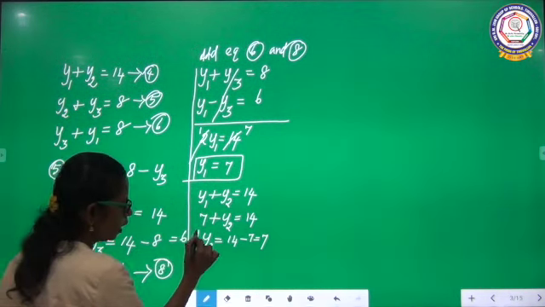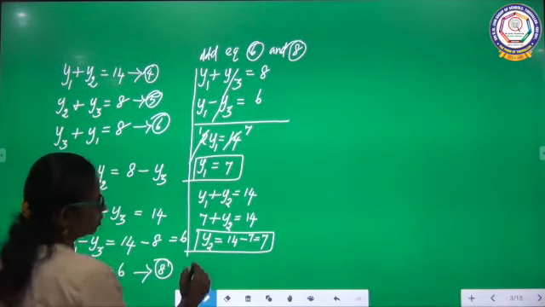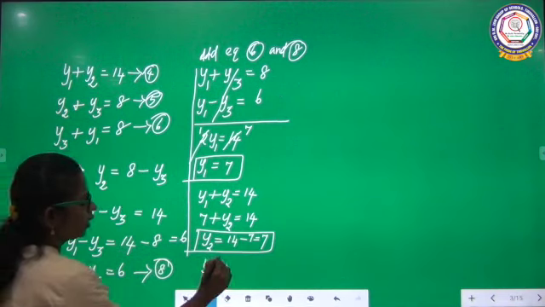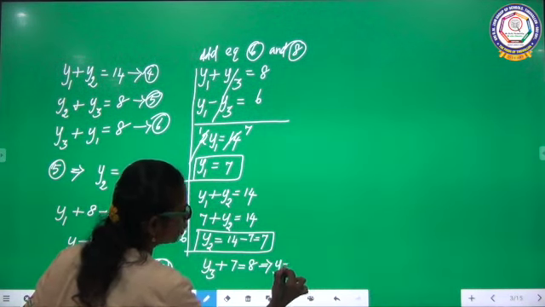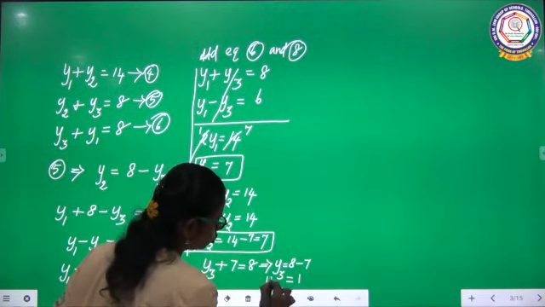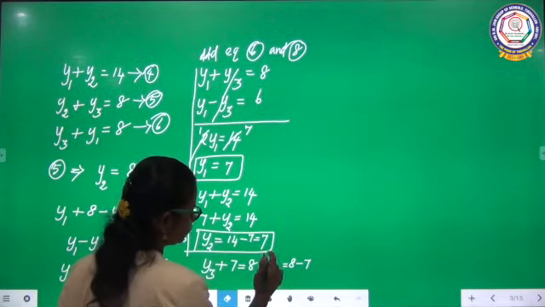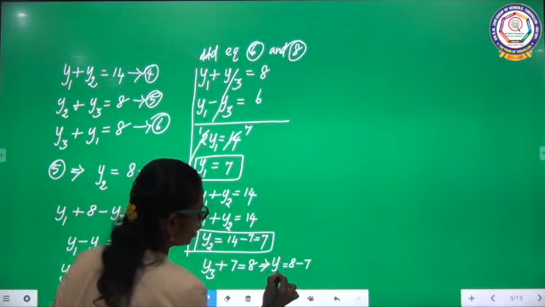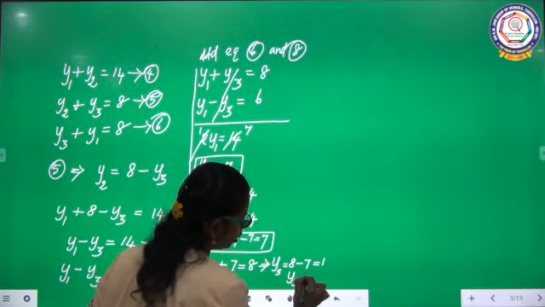Next, y2 value as 7. y3, y3 means you have to substitute in the equation number 6. y3 plus what you arrive y1? y1 is 7. 7 plus y3 equal to 8, which implies y3 equal to 8 minus 7, which is equal to 1. y3 equal to 1.